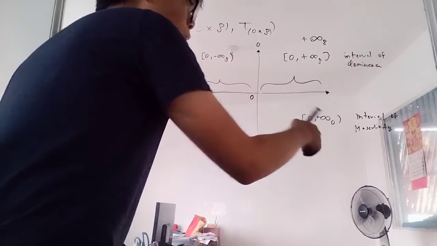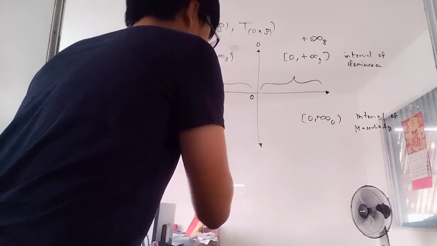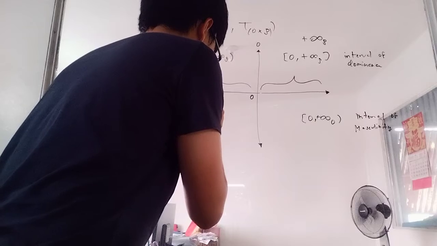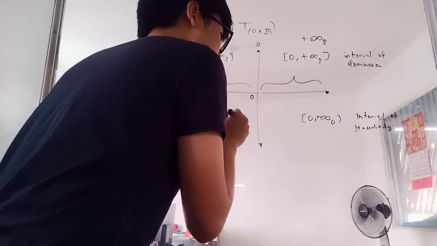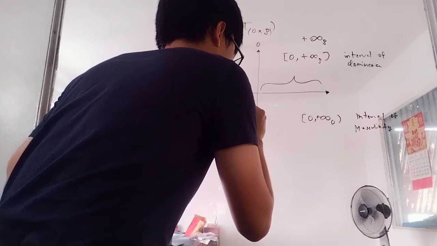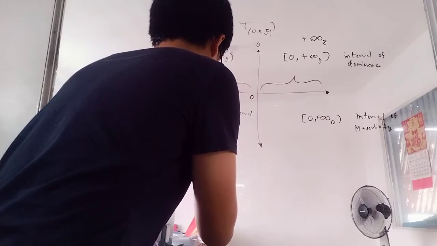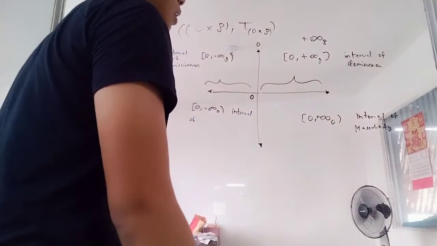And then now, this interval from 0 onto minus infinity O, so 0 included, minus infinity O, is the interval of femininity.